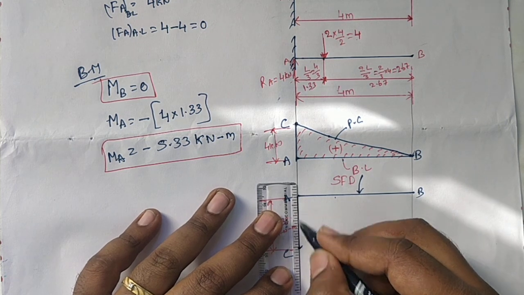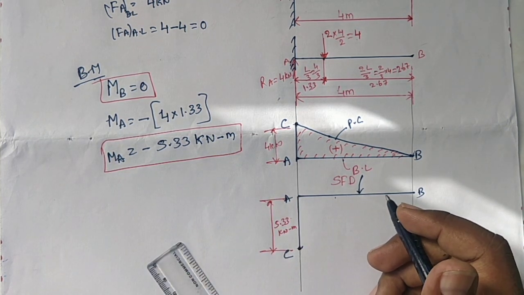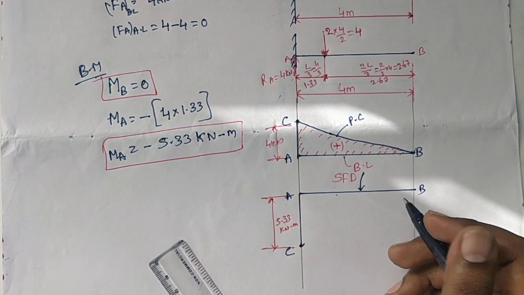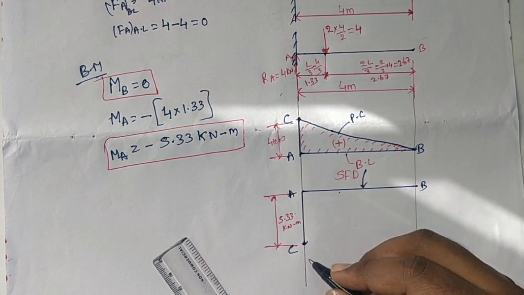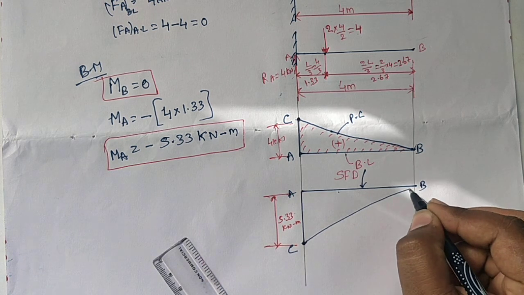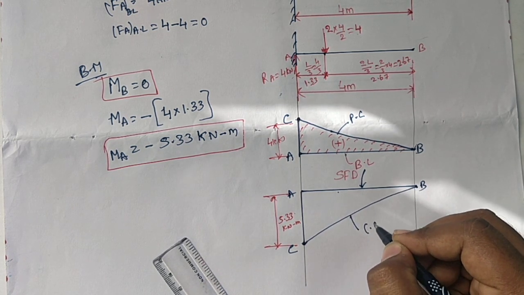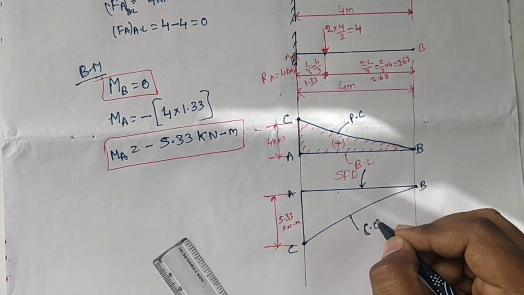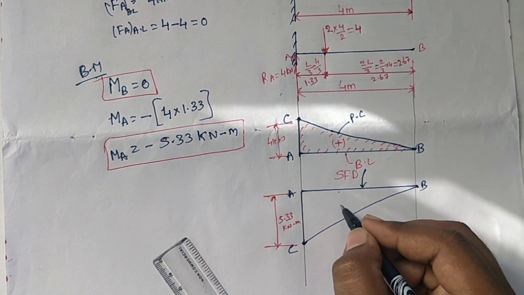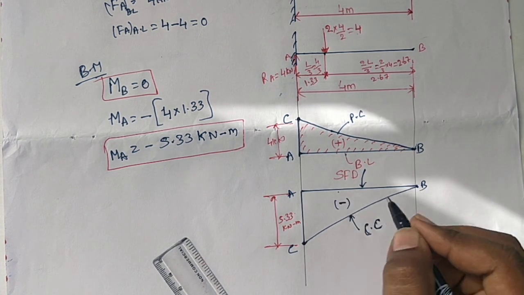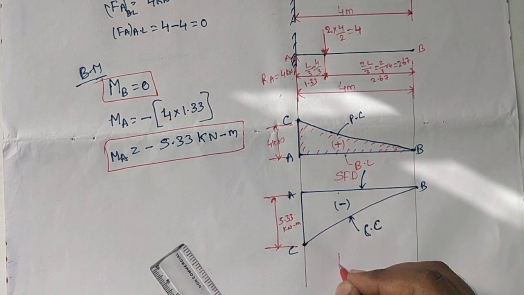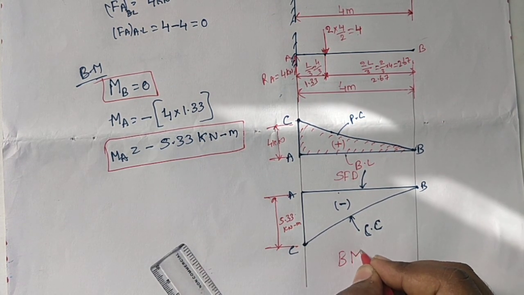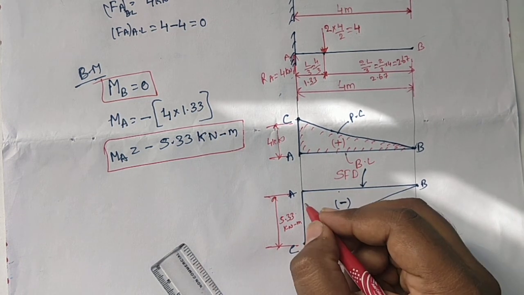The variation of bending moment from point A to B is represented as a cubic curve. Here the bending moment is negative. It is the bending moment diagram for the given beam.